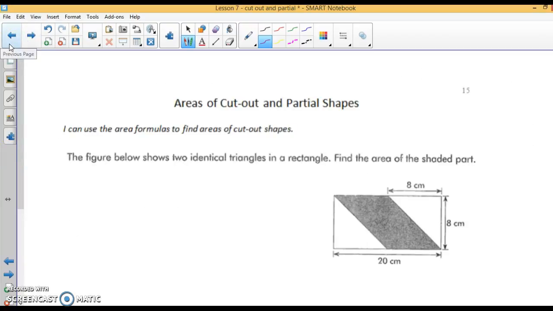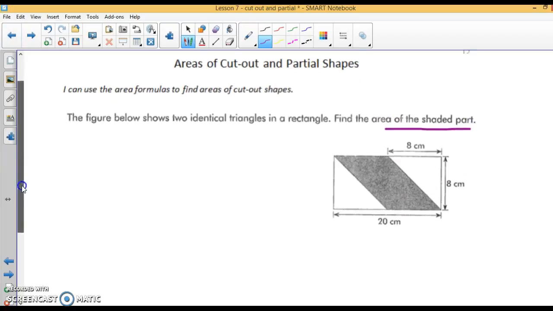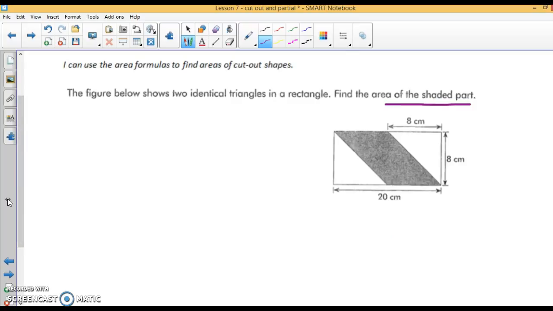Turn to page 15 in your notes. We are finding areas of partial shapes. So, find the area of the shaded part of this shape. So, if I do this in words, don't I have a rectangle? And I've got a small triangle here and a small triangle here.